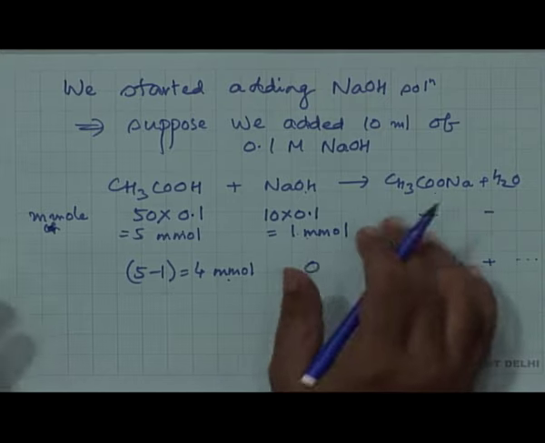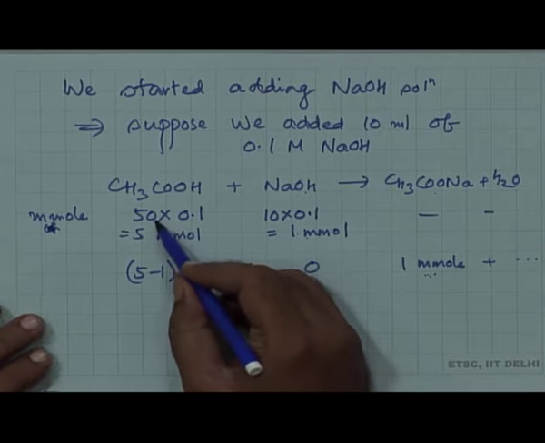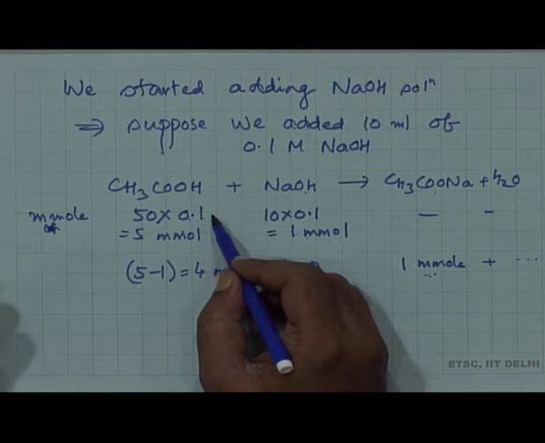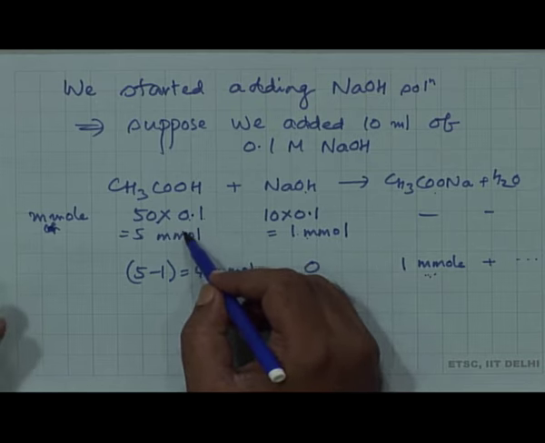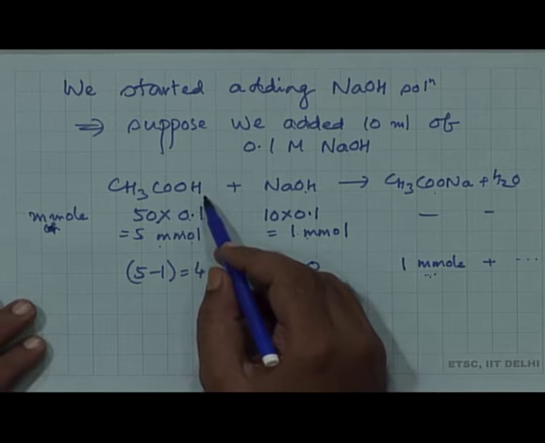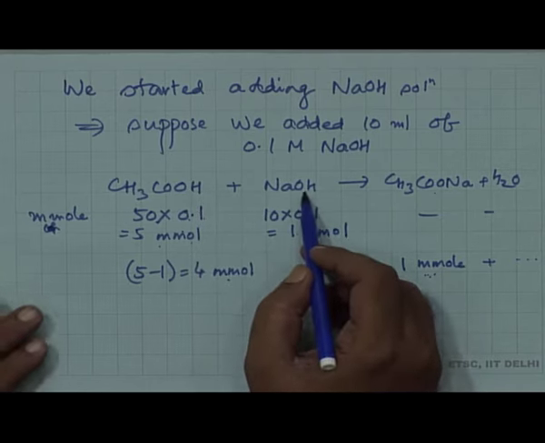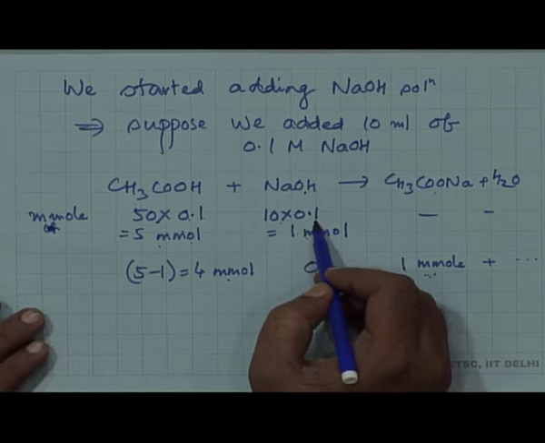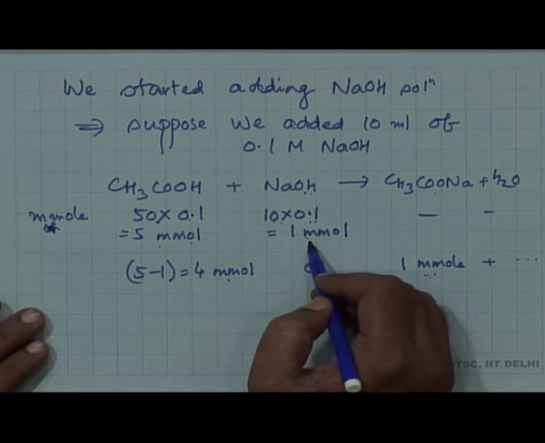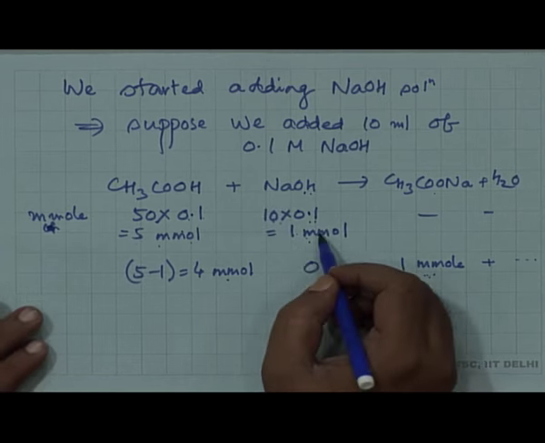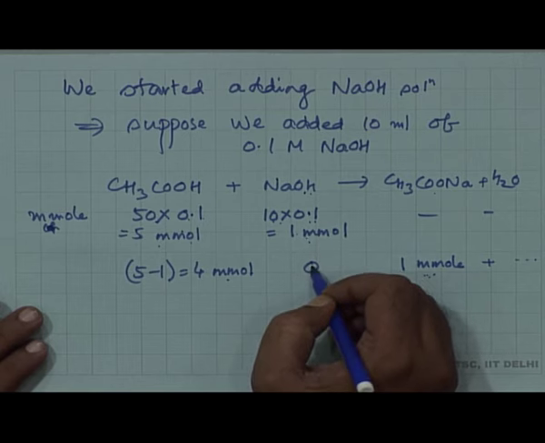Again, just look at it: we started with 50 ml of 0.1 molar acetic acid, which means we have 5 millimole of acetic acid. We added 10 ml of 0.1 molar NaOH, and 10 into 0.1 is 1 millimole of NaOH. They will completely react, NaOH will go to 0.